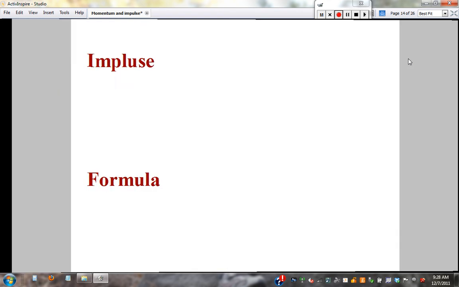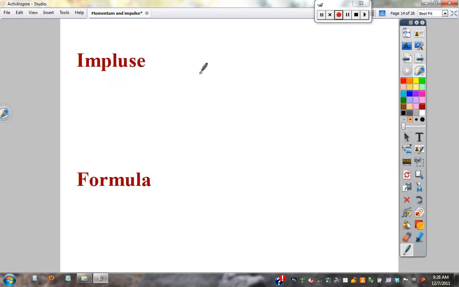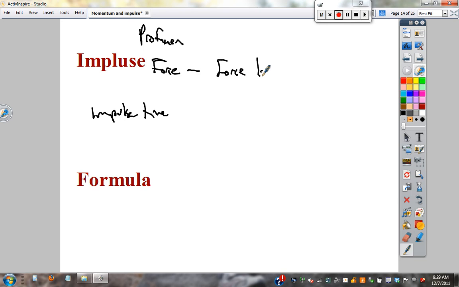I'll go back to that. So, next part. This is the proficient part we're on now. Impulse. And we have two things, impulse force and impulse time. It's the force to stop an object, or simply just to say to change its momentum.